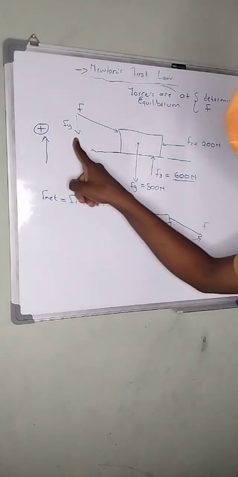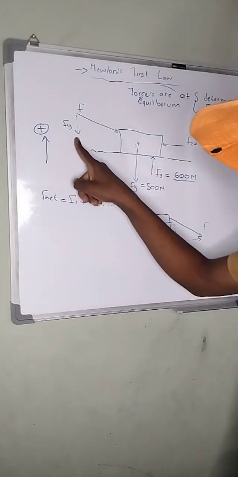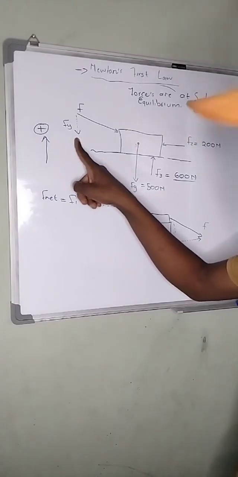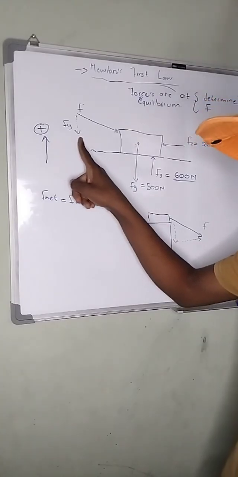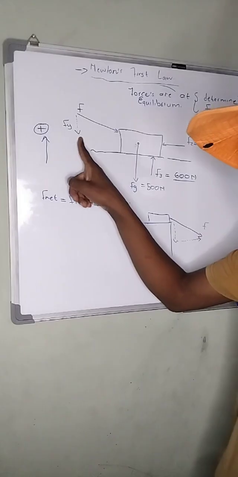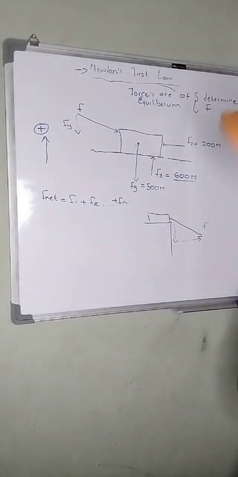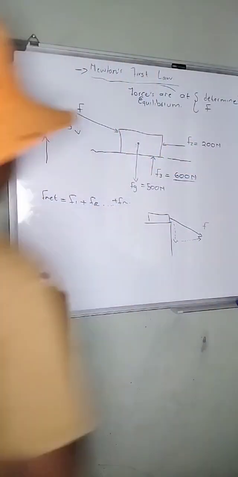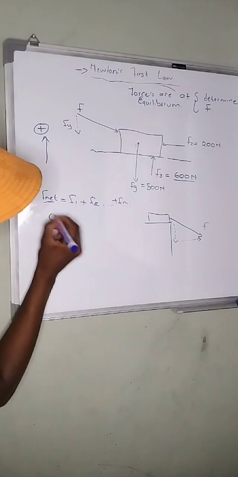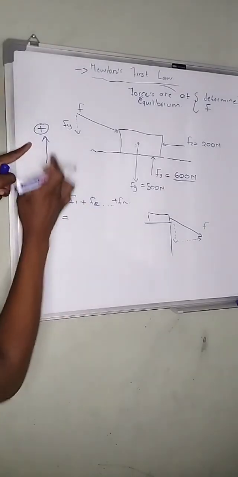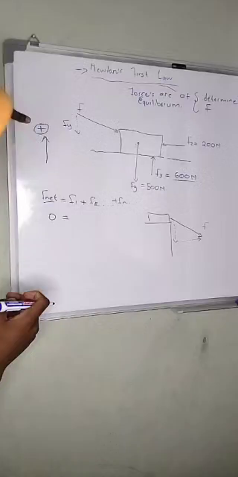What about Fy? Is Fy going to be positive or negative? Fy is going to be negative, right? So let's write it down. This F net is going to be 0. Now we have this direction chosen to be positive.